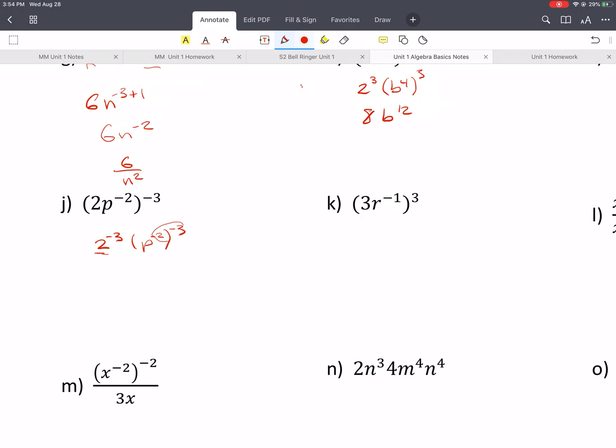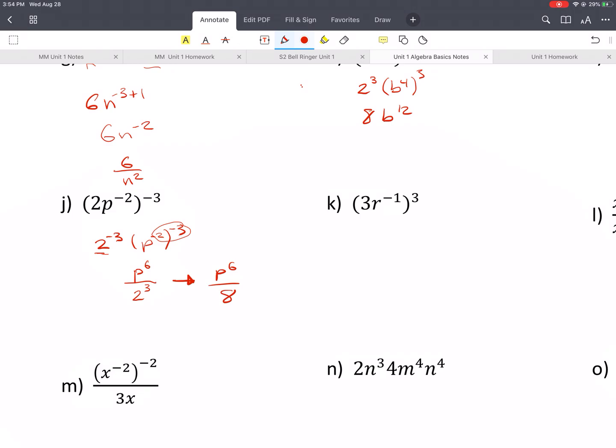And then here we multiply. So negative 2 times negative 3 will give us a positive 6. So we'll end up having p to the positive 6 over 2 to the 3rd. So we bring it down, we change the sign of the exponent. And then we could simplify. 2 to the 3rd is 8. So that gives us p to the 6th over 8.